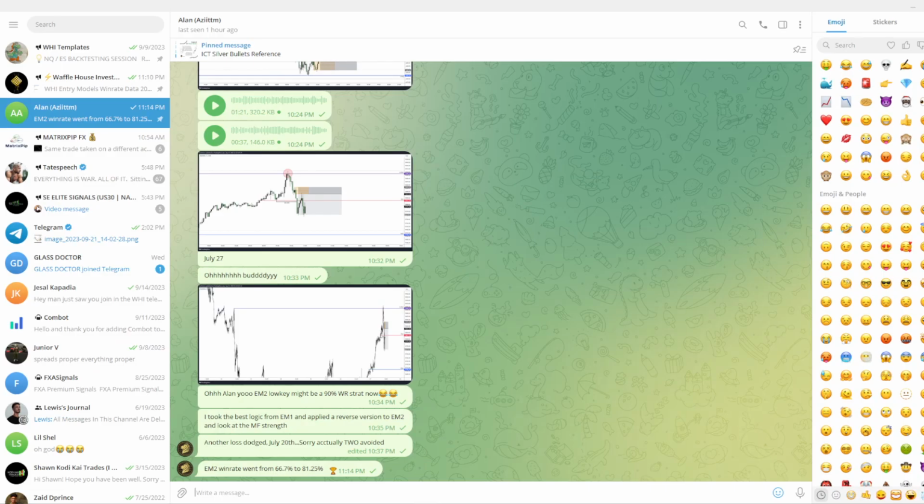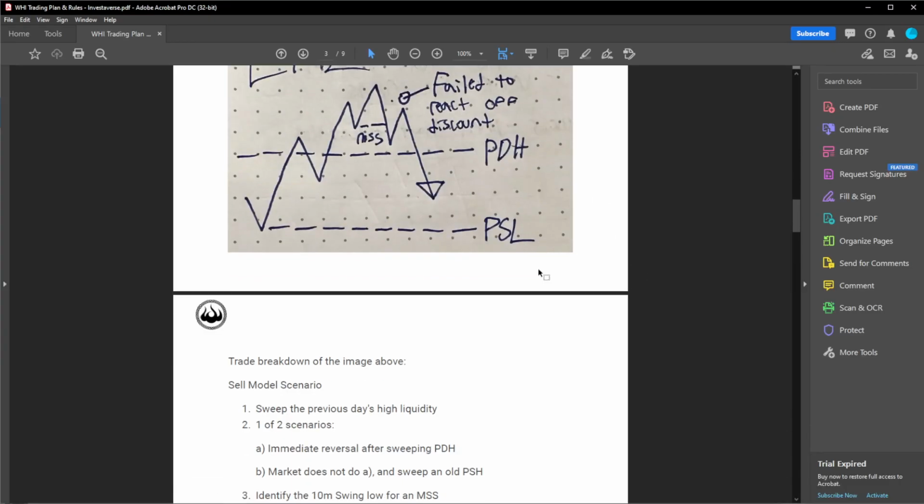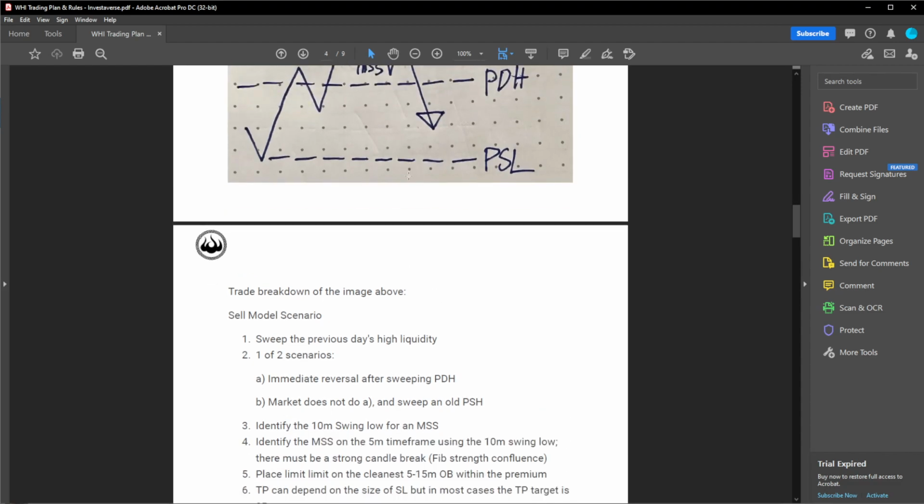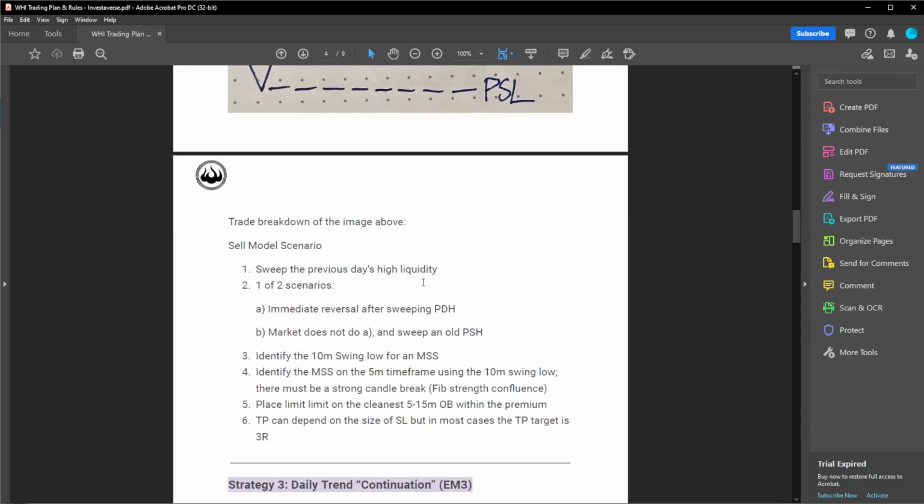So going back to the document here, the sell scenario, kind of more formally said: sweep the previous day high liquidity. This is for a sell model scenario, by the way. Following this photo, we sweep the previous day high in one of two scenarios. Scenario A, we have an immediate reversal after sweeping the previous day high, which is a classic turtle soup sell model.